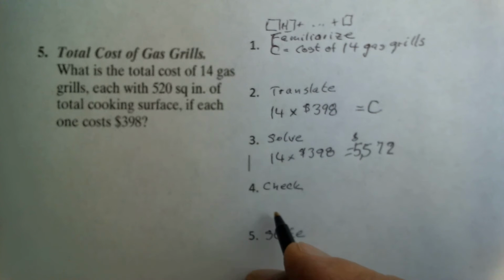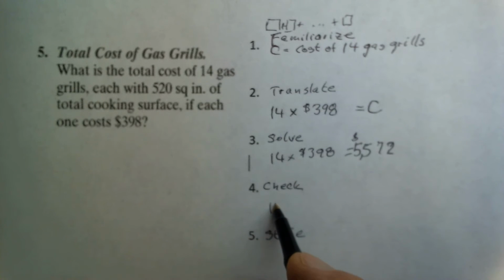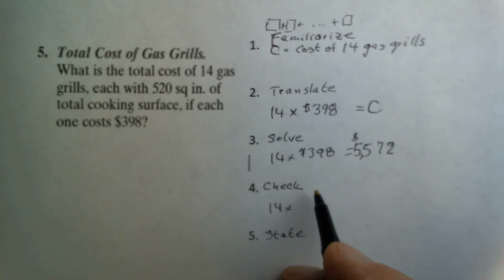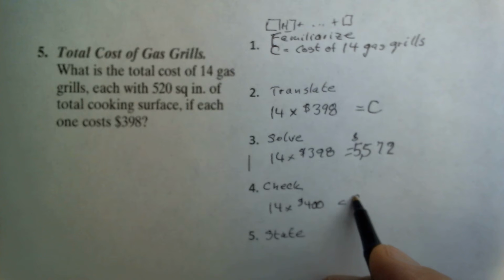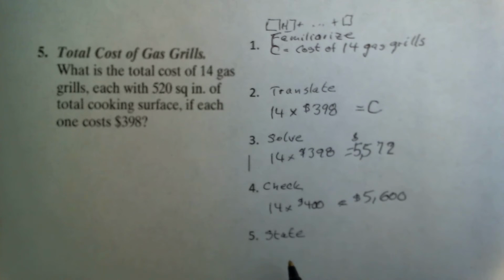So we check by approximating the calculations. So we say, well, 14 times about $400 would be 56, about $5,600. So in other words, this answer makes sense.